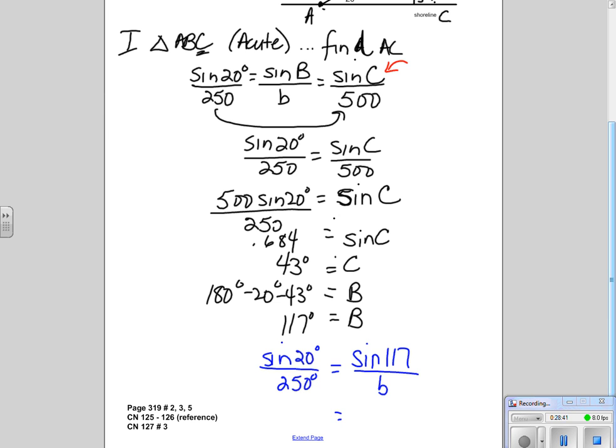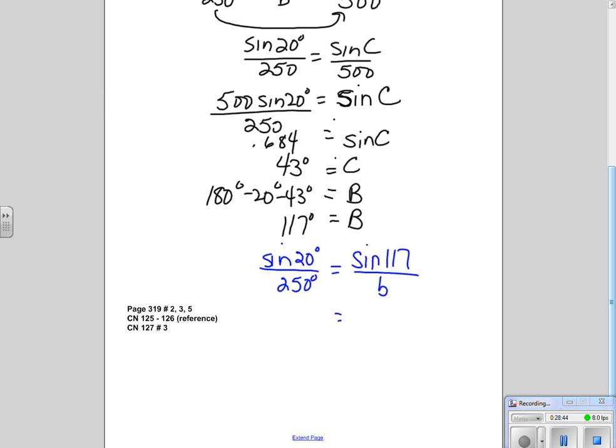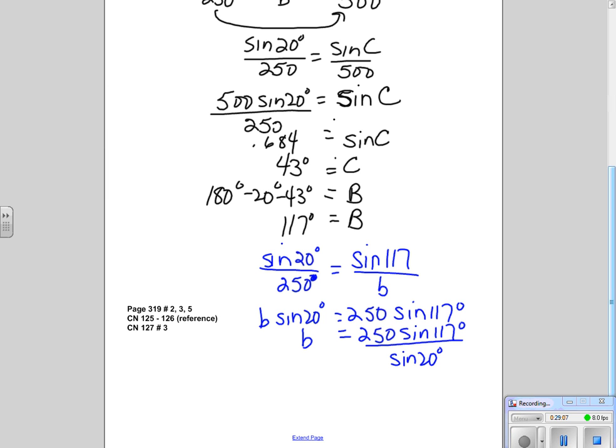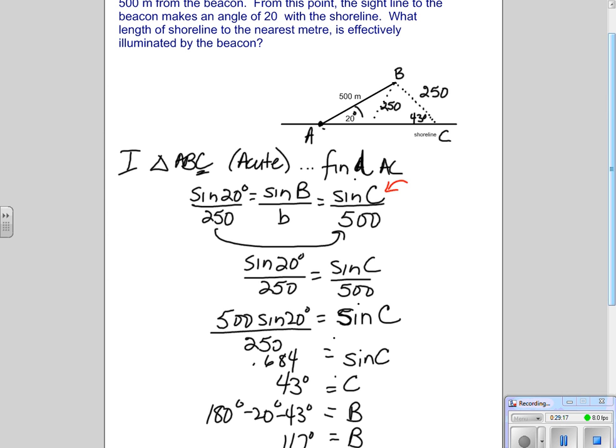So little b is, cross multiply, b would be 250 sine 117 over sine of 20. Should be a big number. Approximately 651.